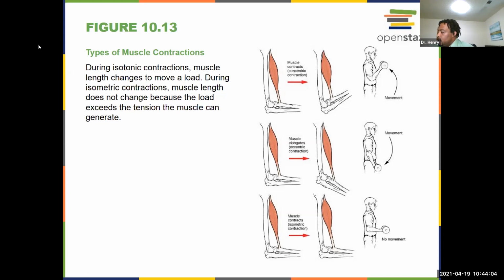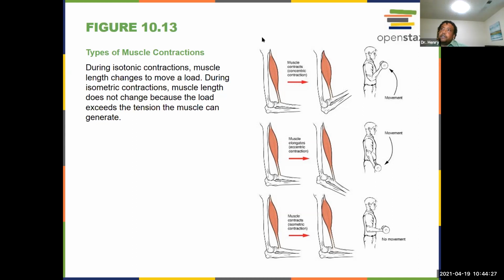There are two types of isotonic muscle contraction: concentric and eccentric. You can see concentric being shown here.